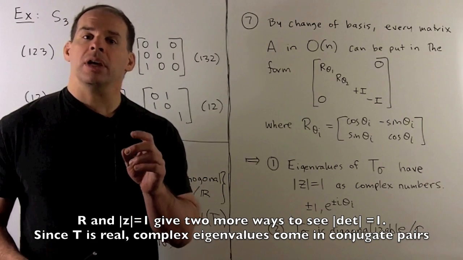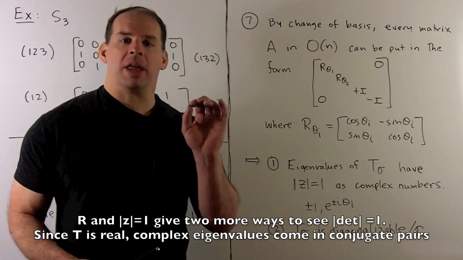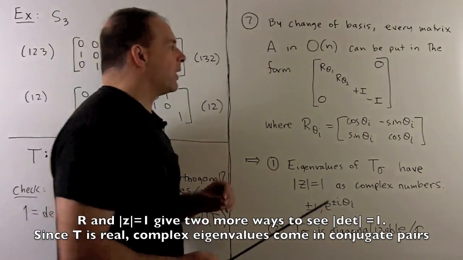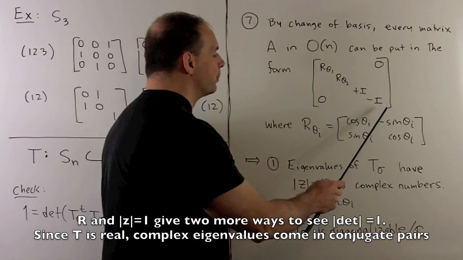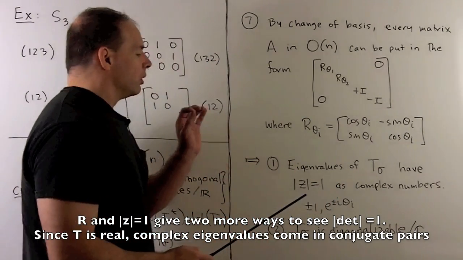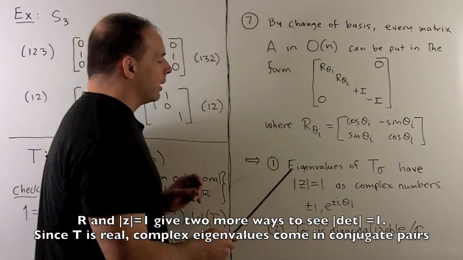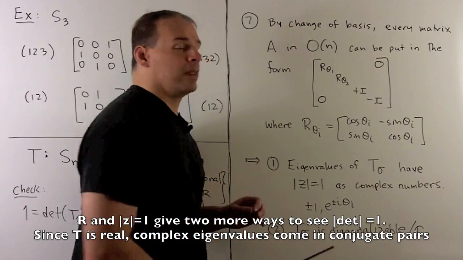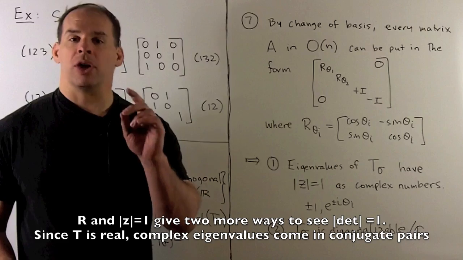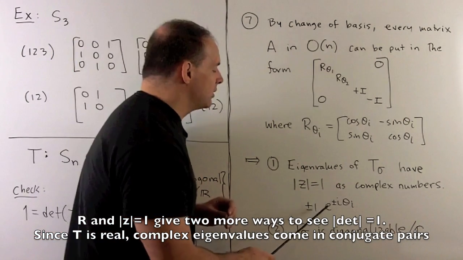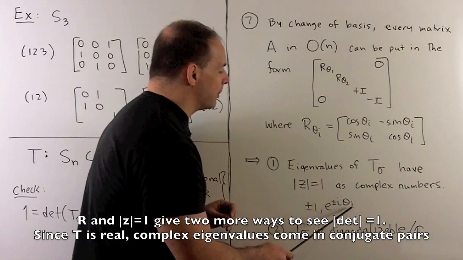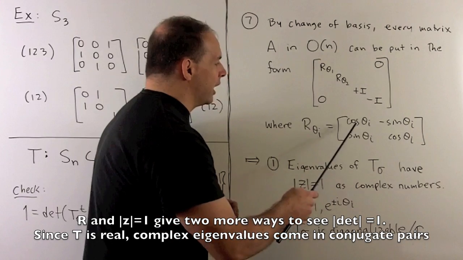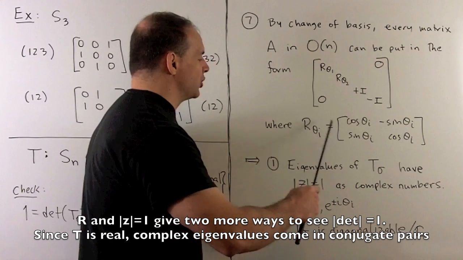Now, if we're willing to introduce complex numbers, then I could talk about the eigenvalues of this matrix. They're going to be complex numbers that lie on the unit circle in the complex plane. So they can all be written in the form e to the plus or minus i theta sub i, where the thetas are the thetas coming from these rotation blocks.